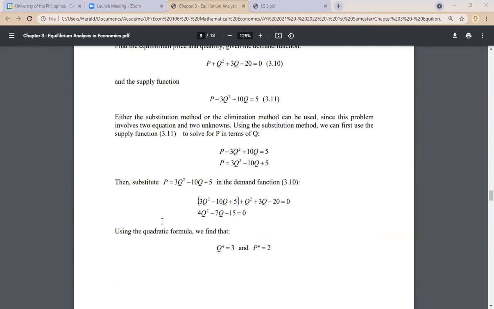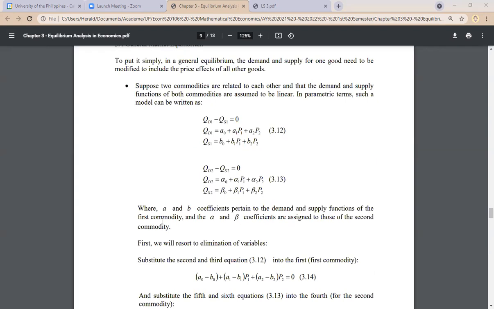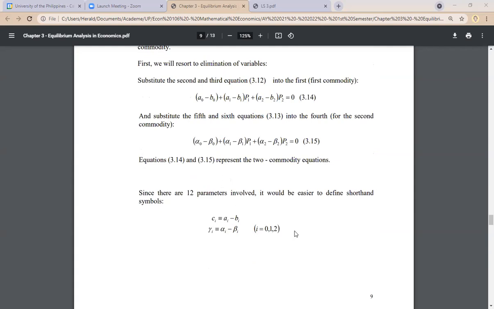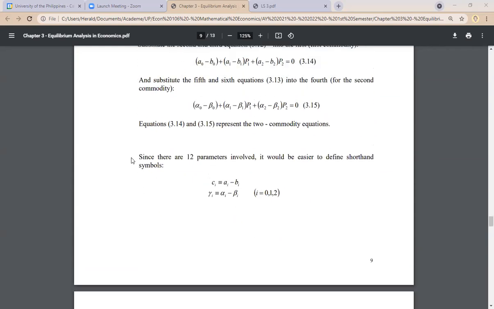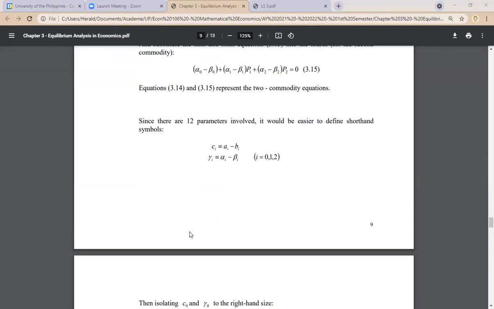We then proceeded to discuss the general market equilibrium, where we first use the parameters and the process we've discussed also. There's technically no economic analysis for doing shorthand symbols. This is just an alternative way to help us save time and as well to arrive at a correct answer.